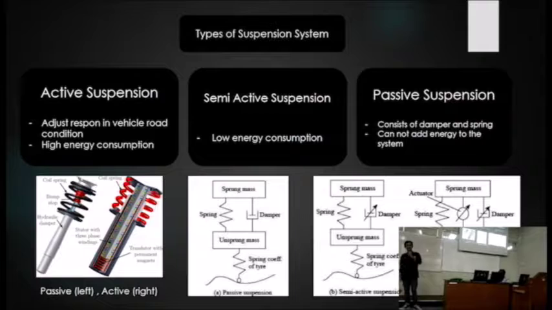For example, on a bumpy road you can set your suspension to be more elastic, and on a circuit you can set it to be more stiff and low, so you have low swing, low deflection.